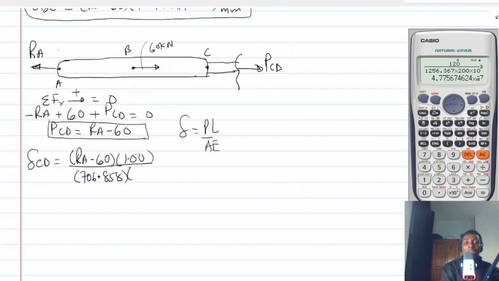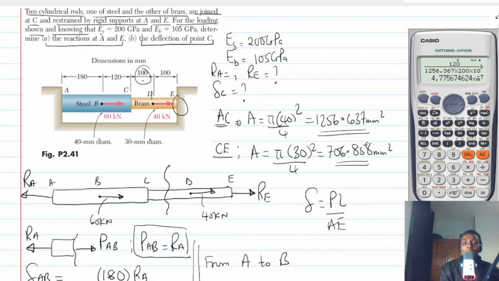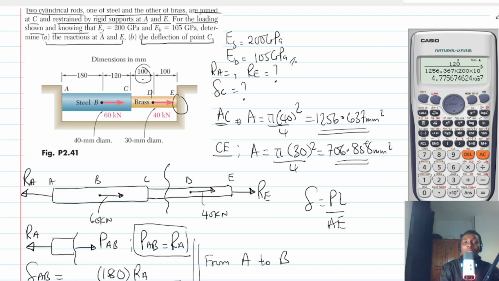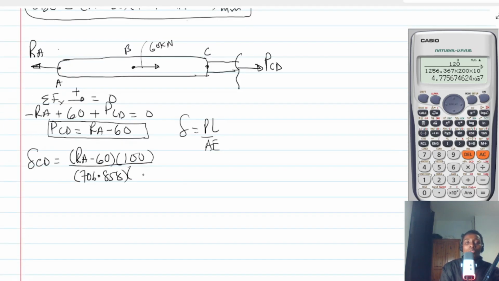Now we have the load, the length, and the area. The E that we are going to use this time is for the brass, which is 105 multiplied by 10 to the power 3, delta CD. We can't do anything about this one.